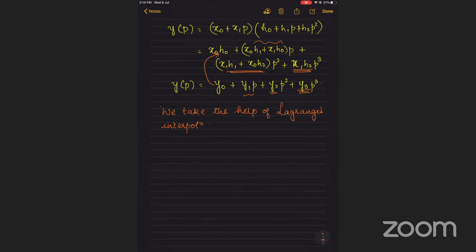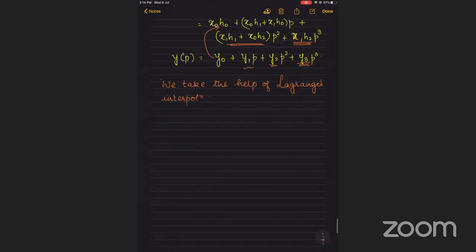So what do we do with this? We see that y of p is basically a cubic polynomial which is obtained as the product of a polynomial of degree 1 and a quadratic polynomial.